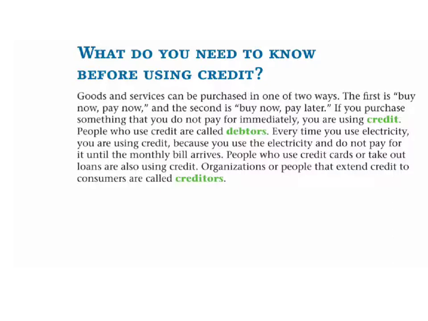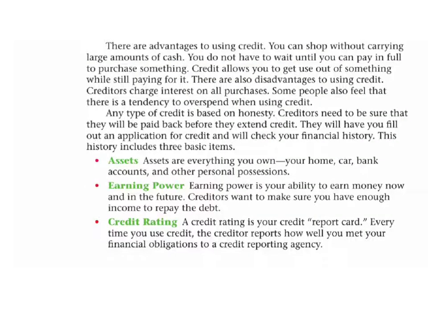Here is the first page of our reading. Note that it has credit, debtors, and creditors defined here. Here are paragraphs 3 and 4. There are some things like assets, earning power, and credit rating defined here.